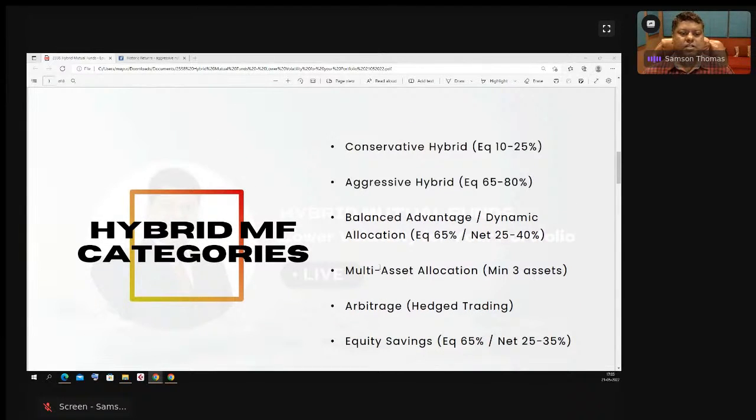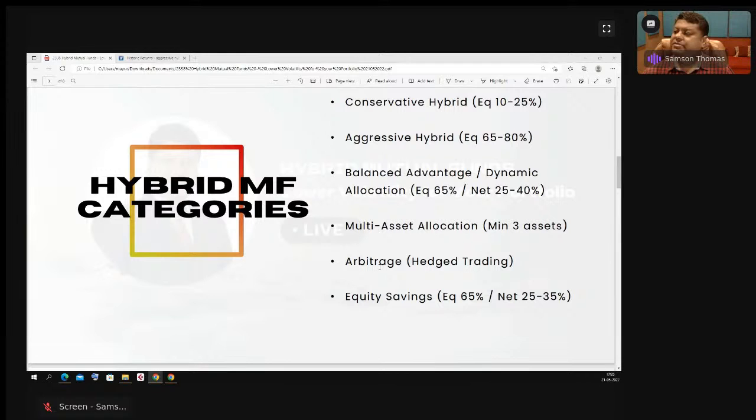Now, the position of MFs is the same as the market because the MFs invest in the market, and so it cannot be isolated from the market. And also because of the interest rate rise, the bond funds or the debt funds are sensitive to the interest rate. You see that medium term to long term debt funds have also lost value since the RBI has raised the interest rate.